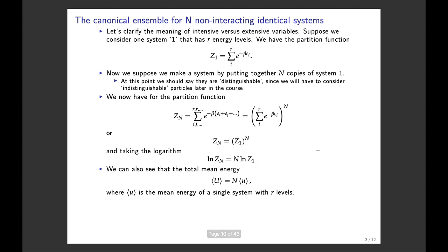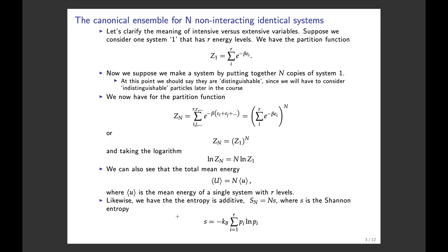Okay, so we can also see that the total mean energy for the system with n copies is n times the mean energy of one system, this little u here, the mean energy of a single system with r levels. Likewise, the entropy is additive as well.